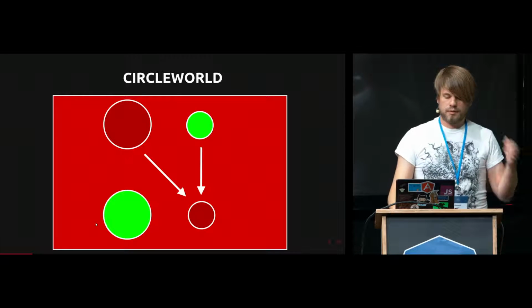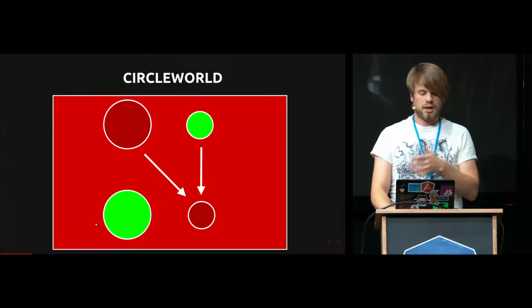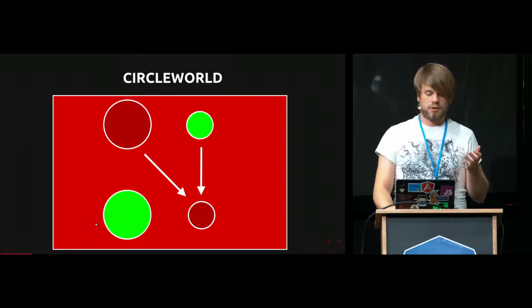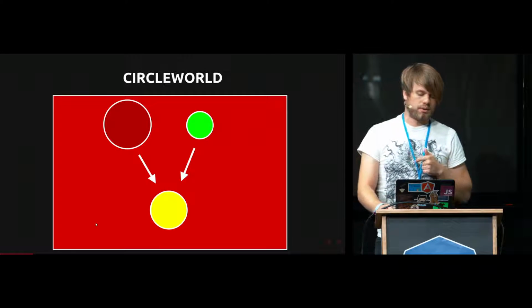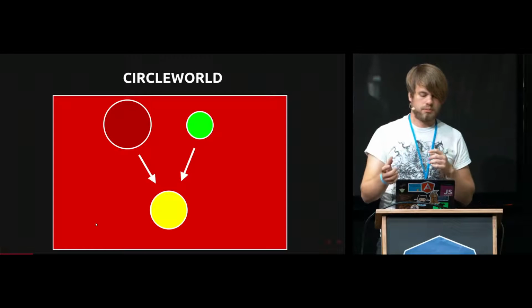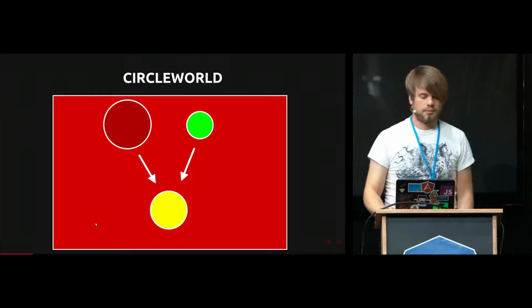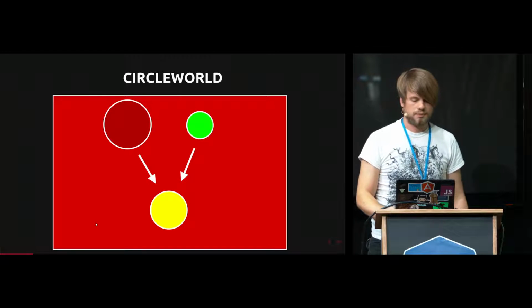Another possible child would be that small red one. It has the color of the big circle and the size of the green circle, but it's of course more likely that a child looks like this. It's yellowish and small, medium-ish. It's of course a mixture of both colors, green and red, and of the radiuses.